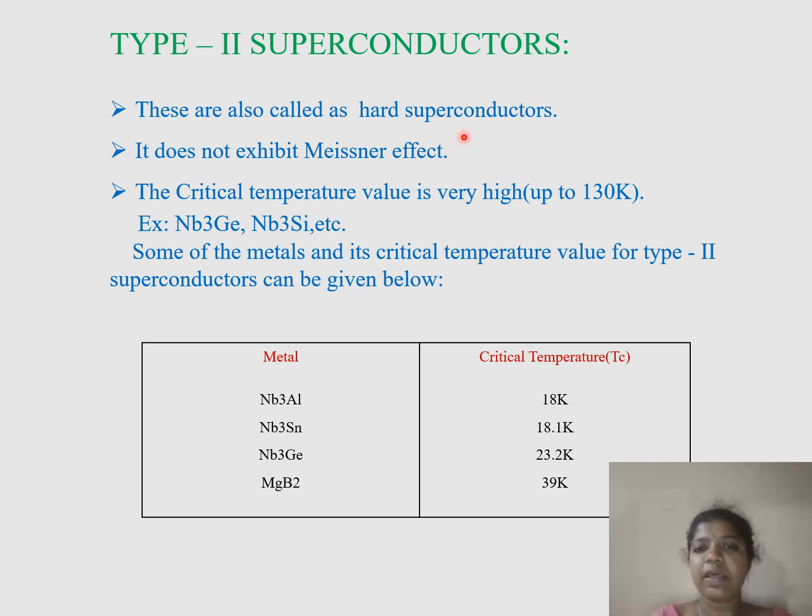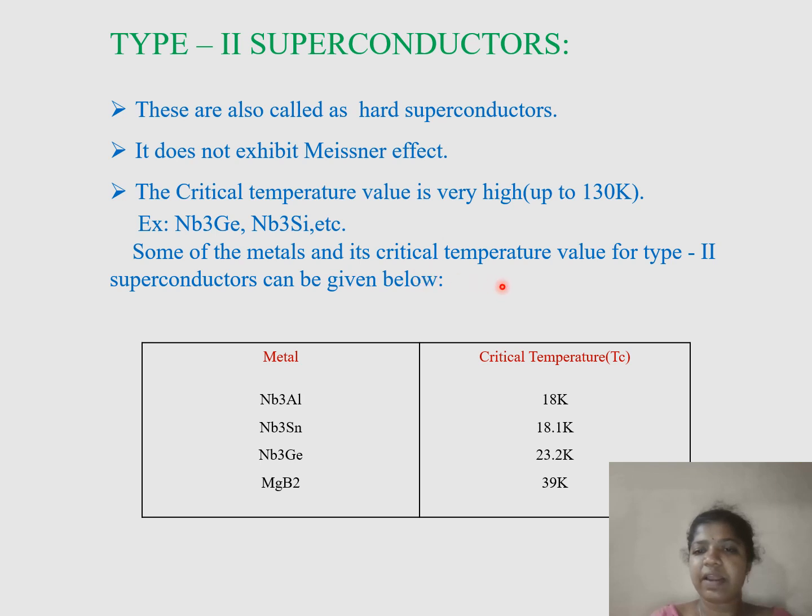So it does not easily lose the superconducting nature. It does not exhibit the Meissner effect. The critical temperature value is also very high, up to 130 Kelvin. The best examples are niobium germanium and niobium silicon for type 2 superconductors.